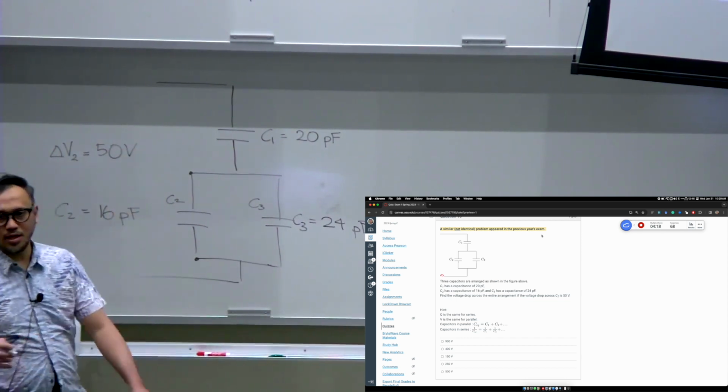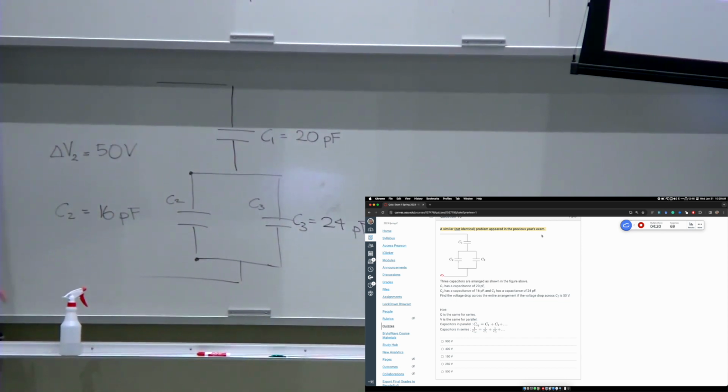Do you want to try this? Probably the most difficult question on the exam is either easier than this or more difficult than this, of course. That's the biggest leak of the semester.